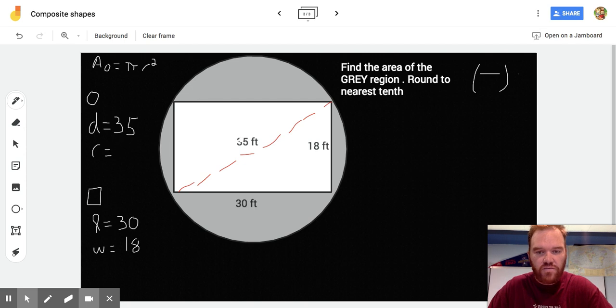If the diameter is the whole distance across the circle, the radius is half that. So all I have to do is 35 divided by 2 to get my radius first, and 35 divided by 2 is 17.5.